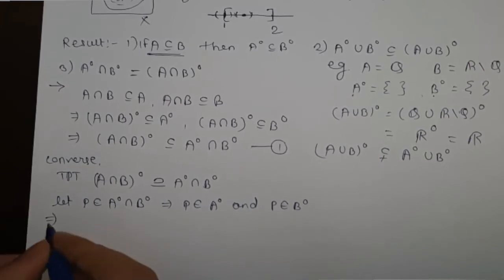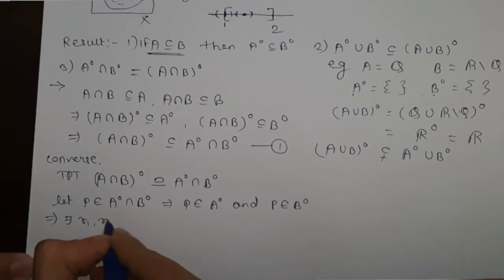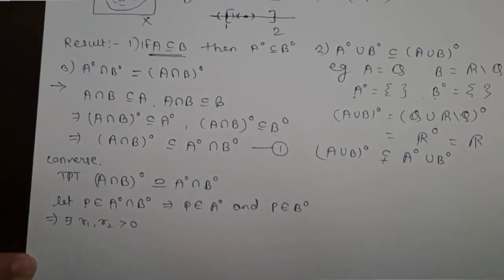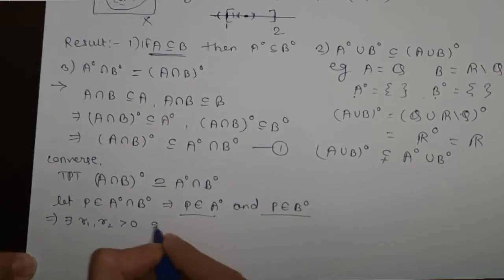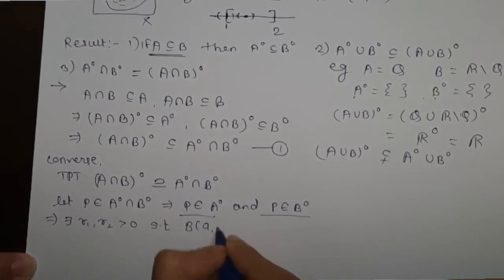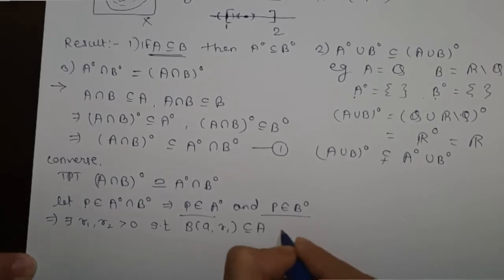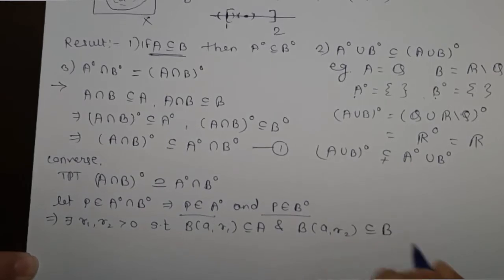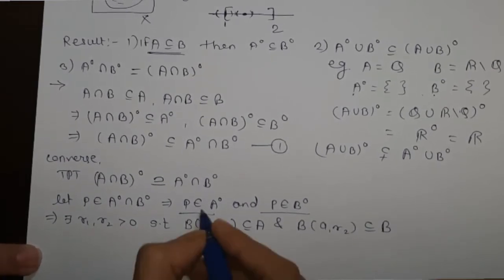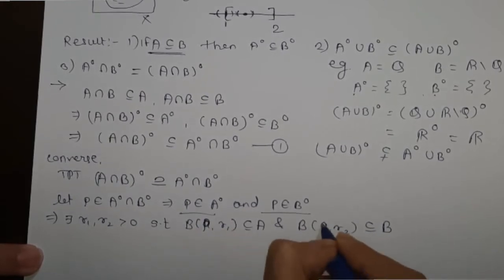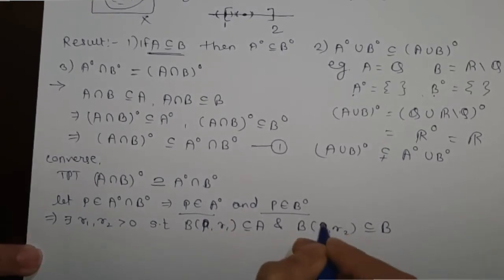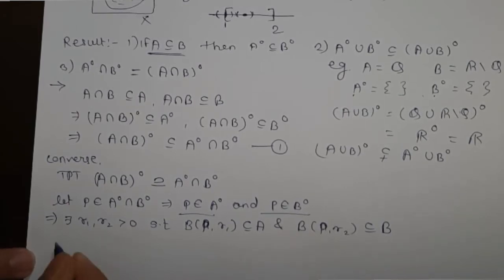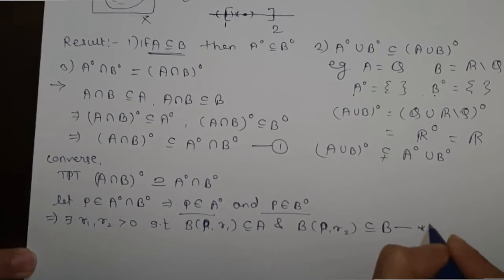There exist R1, R2 greater than 0, since we have two sets, such that B(P, R1) is a subset of A and B(P, R2) is a subset of B. We call this equation star.